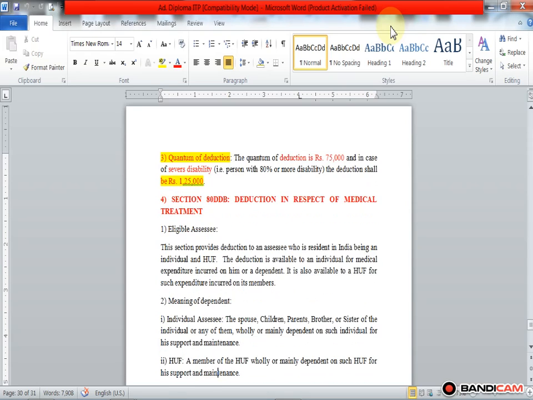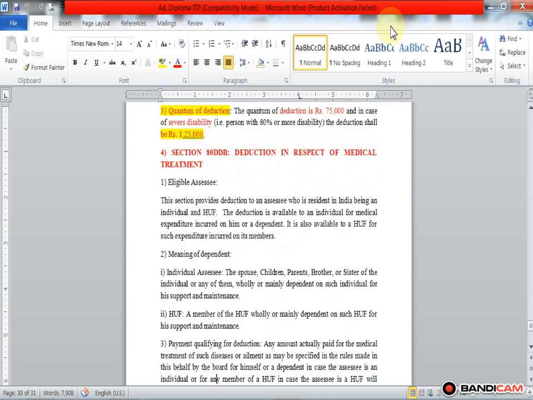Here the meaning of dependent is very important. Who is a dependent person is very important. The first point is the individual assessee: the spouse, children, parents, brothers or sisters of the individual, or any of them wholly or mainly dependent on such individual for support and maintenance.